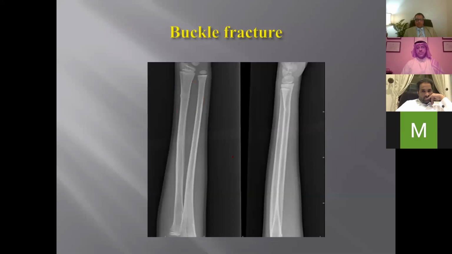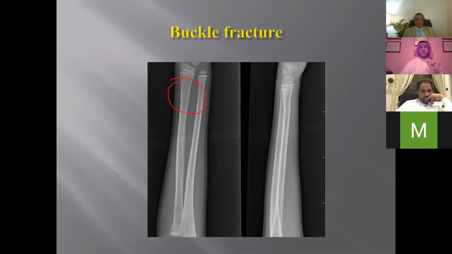A buckle or torus fracture is secondary to compression of the bone itself. The long axis of the bone is compressed, and that's why it gives you this kind of fracture. So the key here is that the cortex of the bone is intact. This is very, very important.